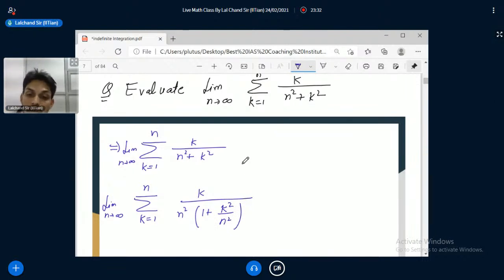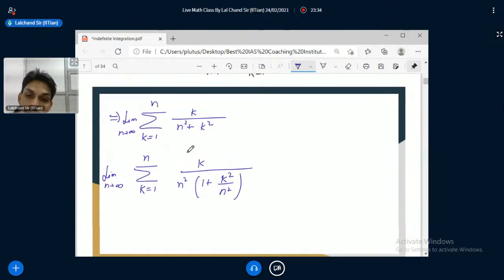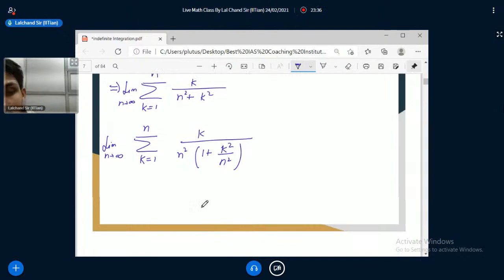Okay, so now if I convert this limit into an integral, then we have to consider 1 by n as dx, k by n as x, and this sigma into integral.